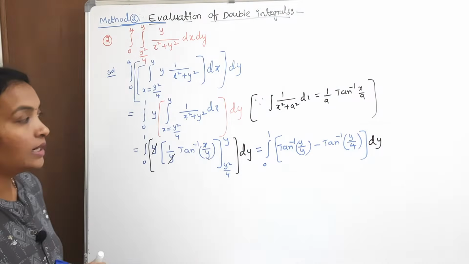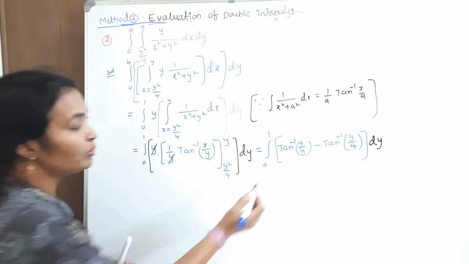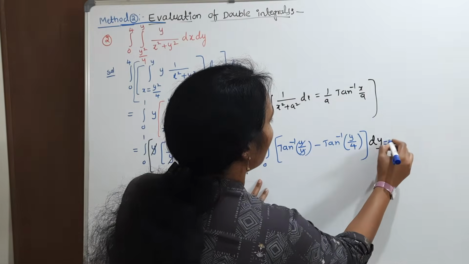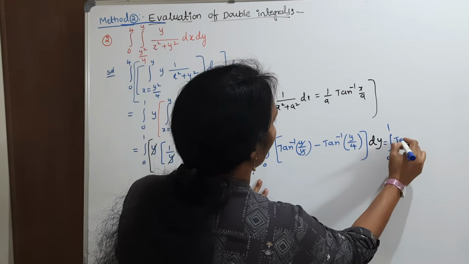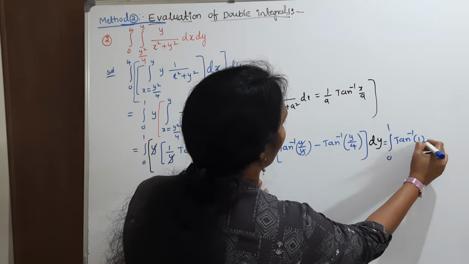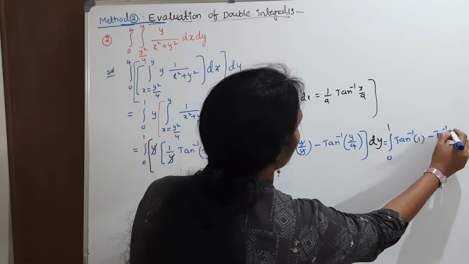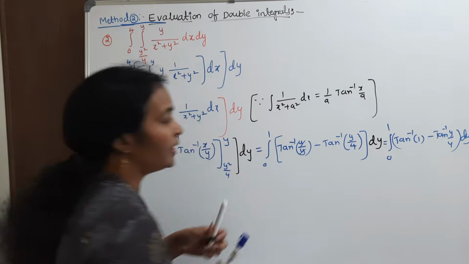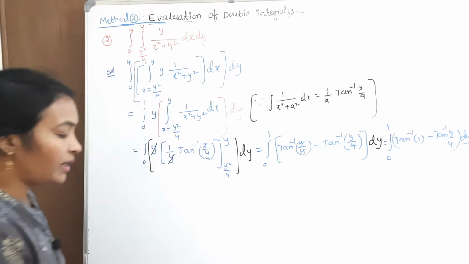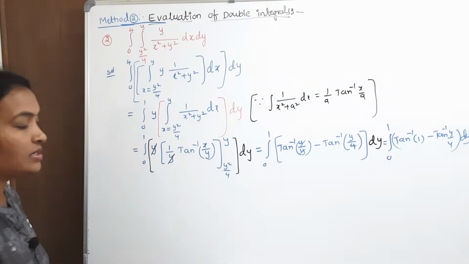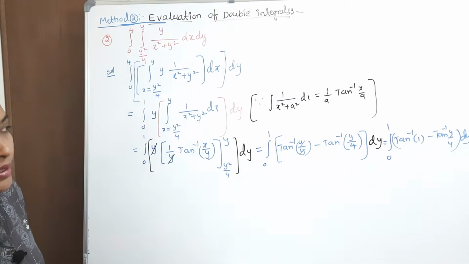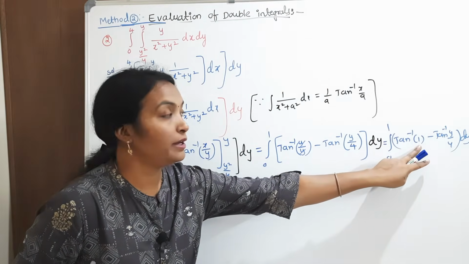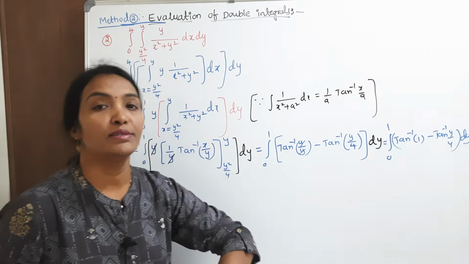Is it clear? You know that y cancels, so it can be written as integral 0 to 1 of tan inverse of 1 minus tan inverse of y upon 4 dy. Then you need to simplify again here. Tan inverse of 1: the tan inverse of tan theta is theta.